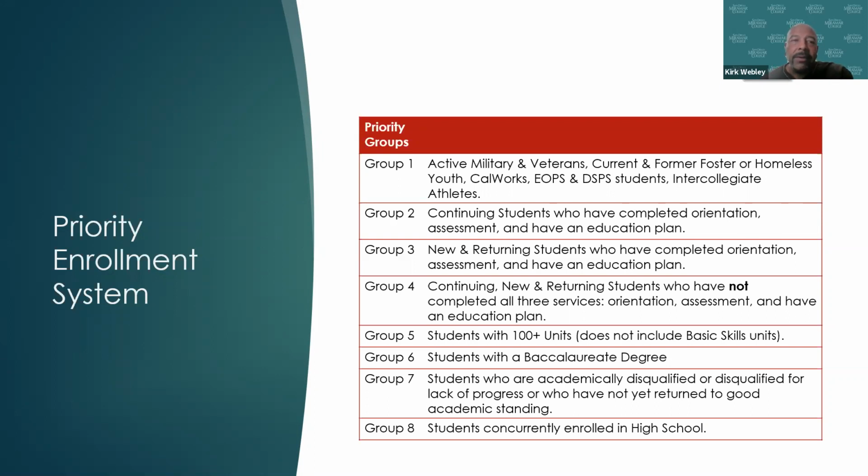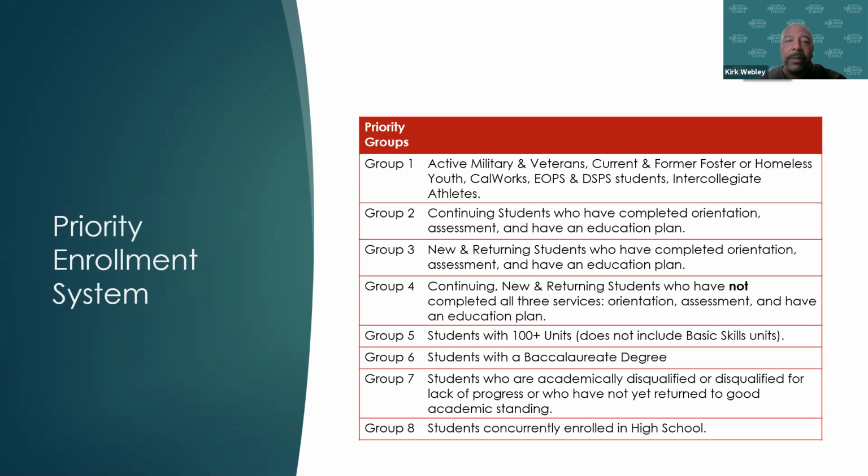As Dana pointed out earlier, the first day of our spring registration is going to be on November the 9th. During our priority registration, she also identified our groups of students who are considered underrepresented students and are provided with the opportunity to enroll in classes first. So our group 1 students, as you see here, will have first opportunity at registering for classes.